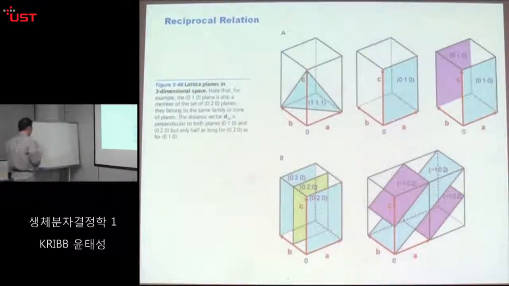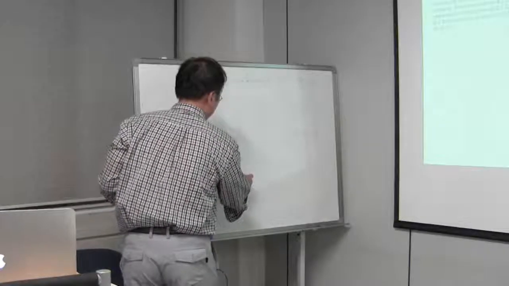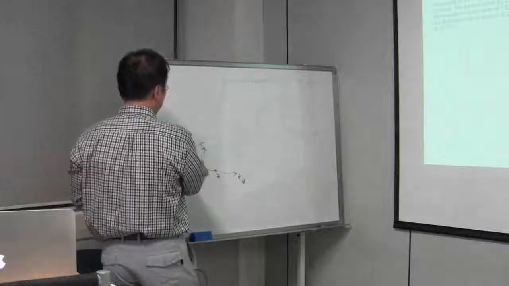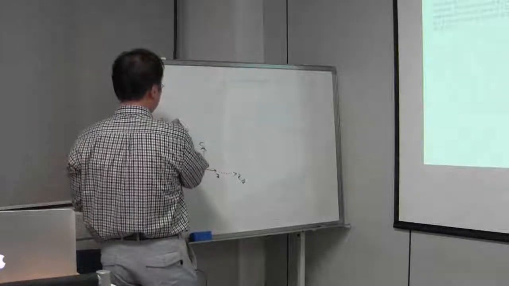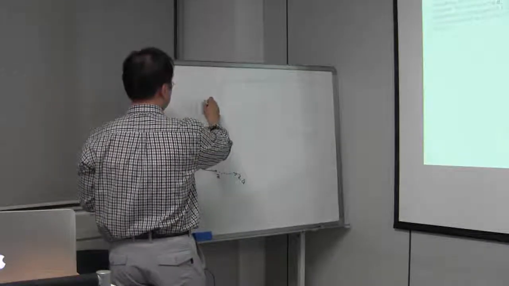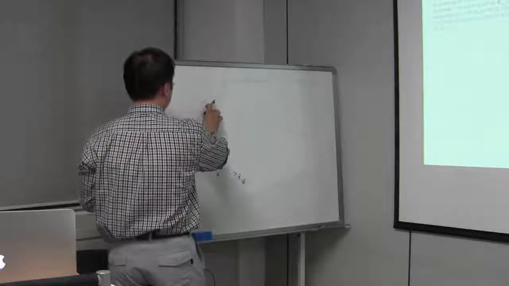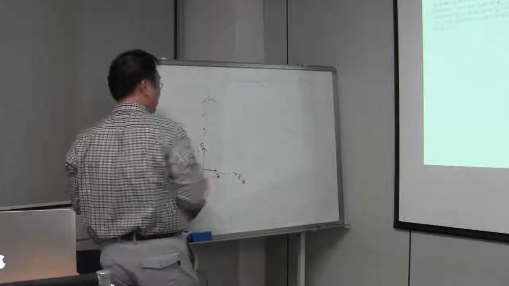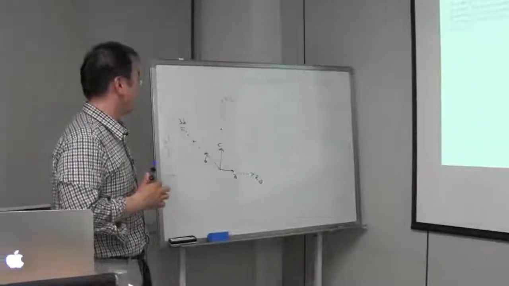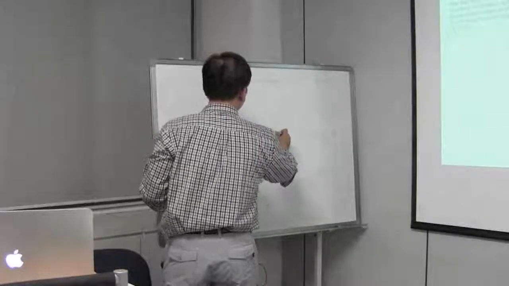Let's take, for example, 2A, and here 3B, and here 4C. Then how will we construct the 2, 3, 4 plane?